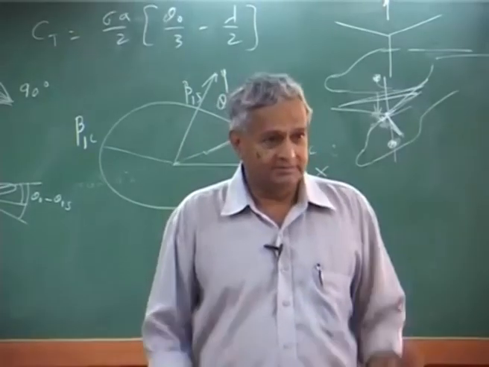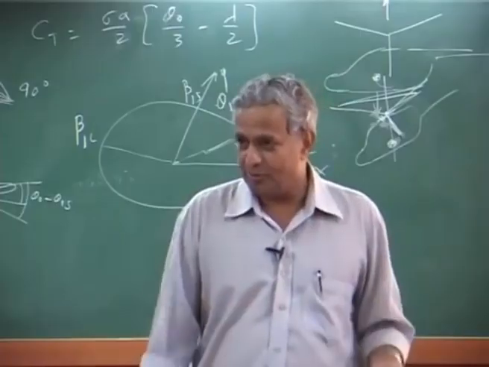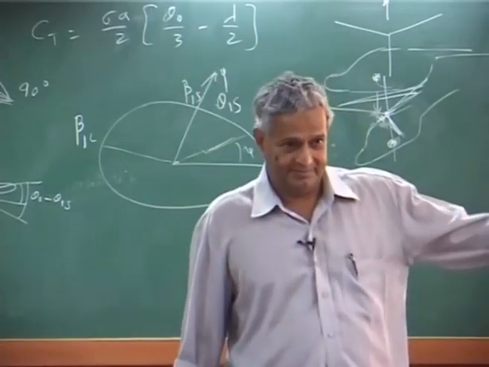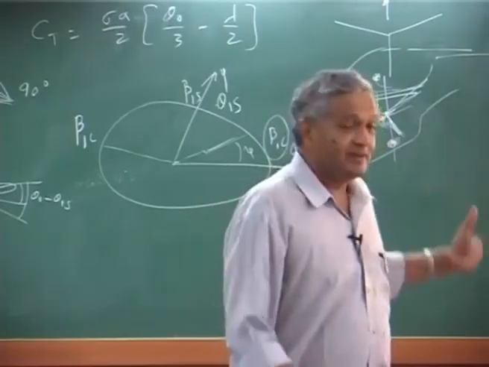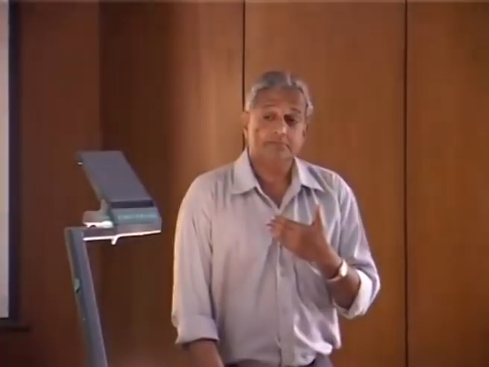Suppose it is not that, which is true, actual helicopters do not have 1, then the phase will change. And is it the same in forward flight? Will the phase shift remain constant in forward flight? No, it will not, it will change slightly. Okay.